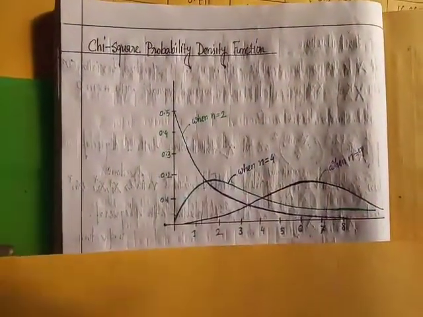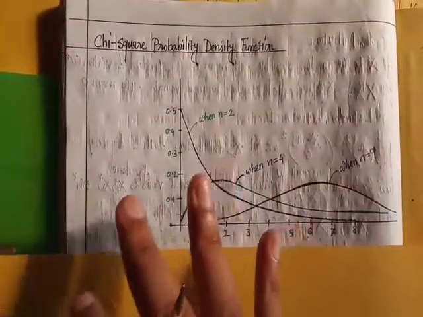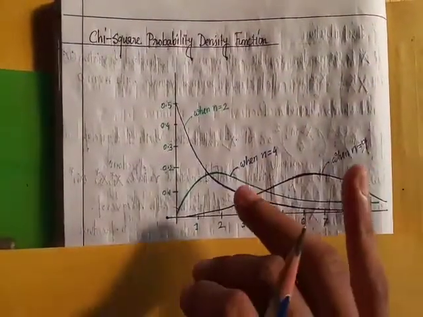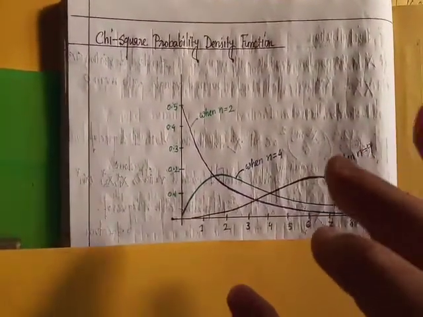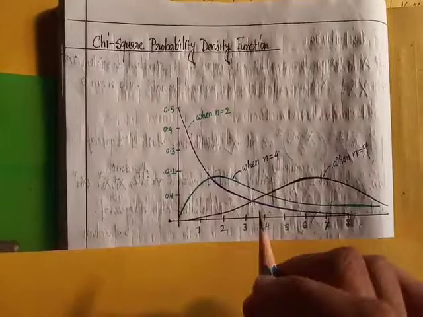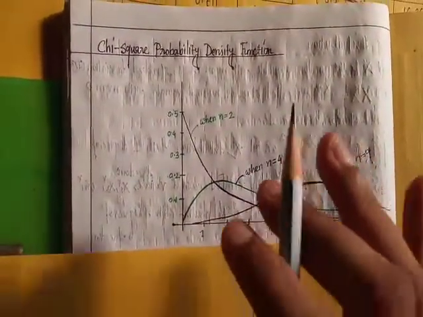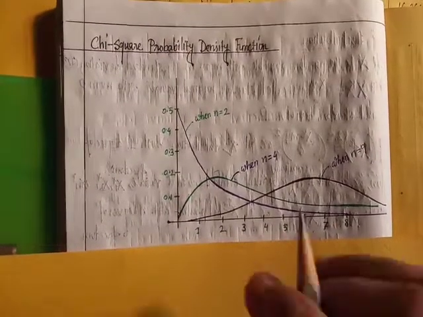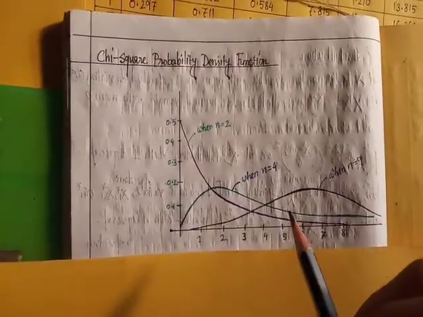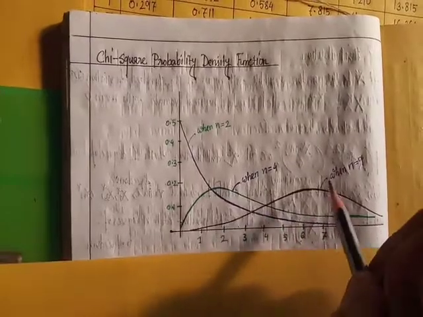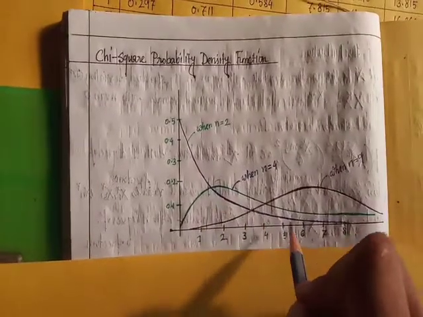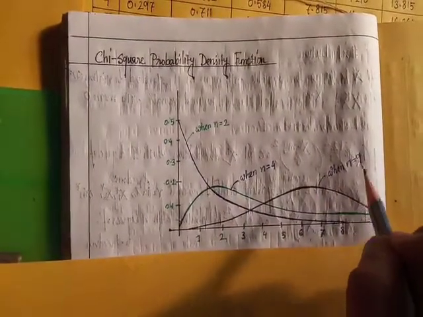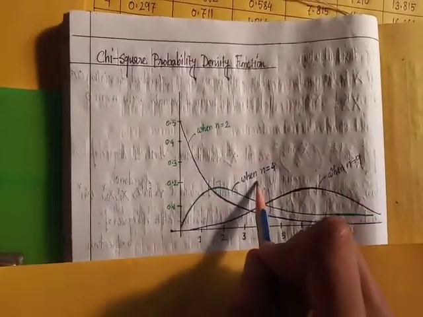Also, if degrees of freedom increases, then the curve becomes more symmetrical. This curve is more symmetric than this curve, since here degrees of freedom is 9 and here it is 4.